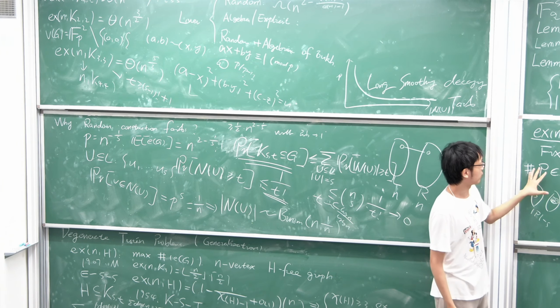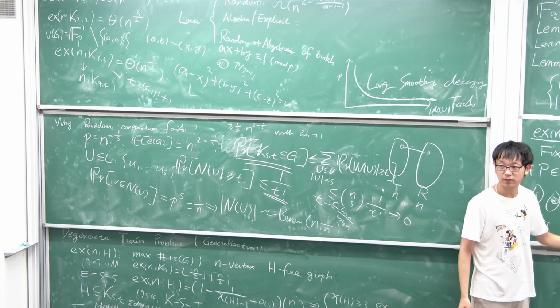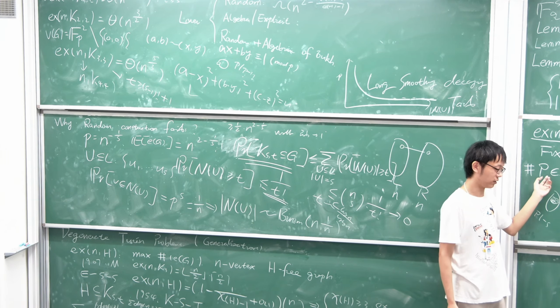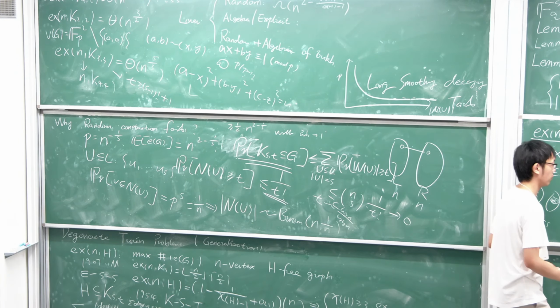So the number is at most like this. We just count all the possible configurations or subgraphs.